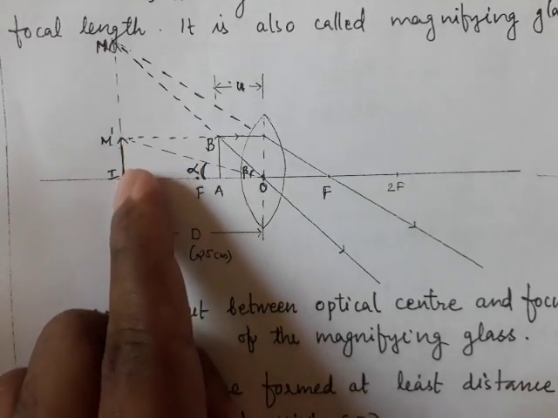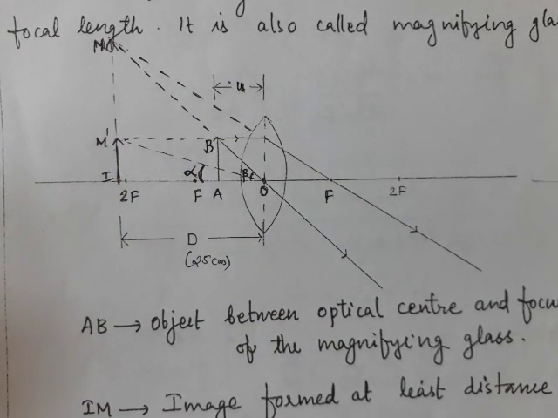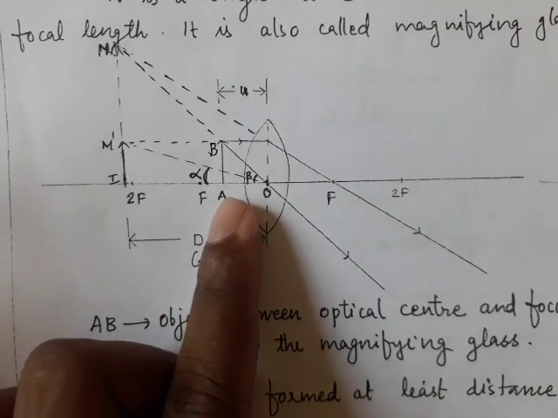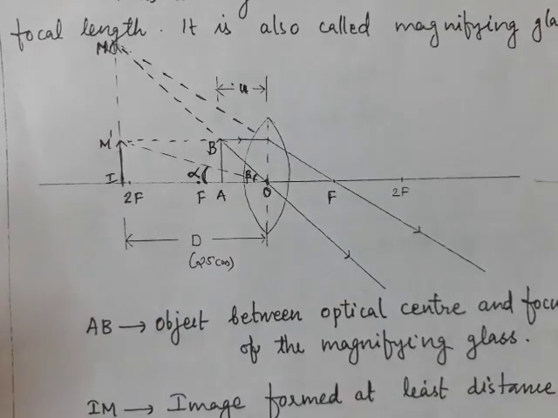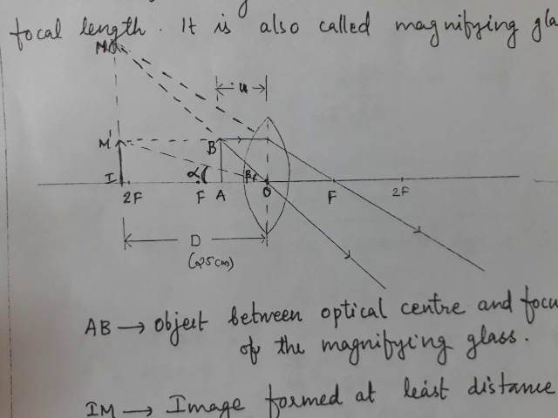This is the object at D. Their ratio is magnification. In this case, the angles will be small, and those angles can be approximately taken as tan theta, because for small angles tan theta is approximately equal to theta.